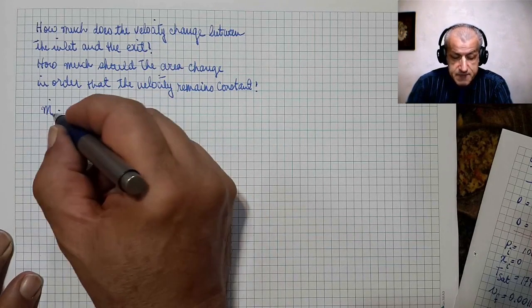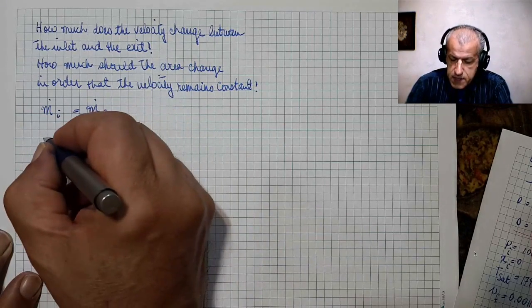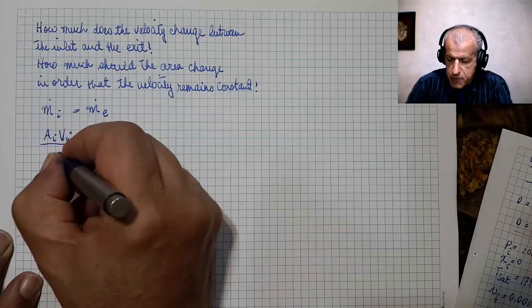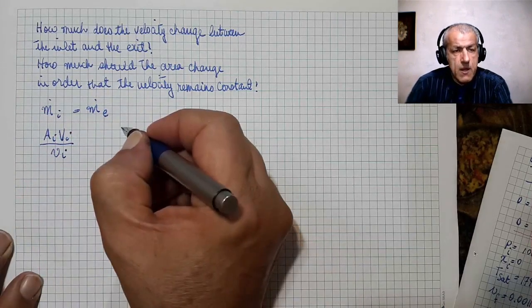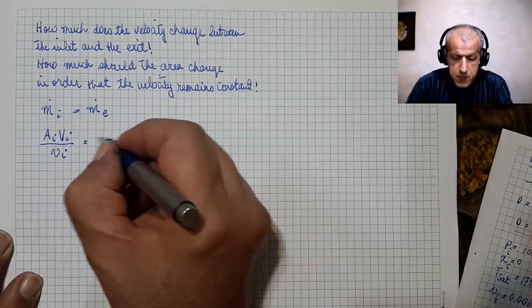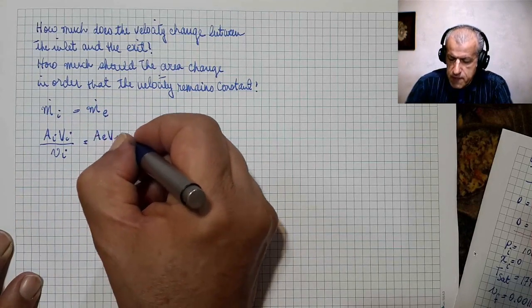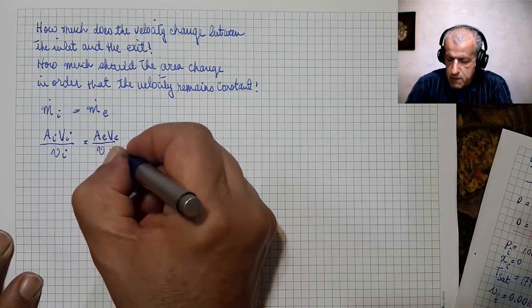Now, we can expand on this and write it in this way: AI VI divided by the specific volume at inlet equals AE VE divided by the specific volume at exit.